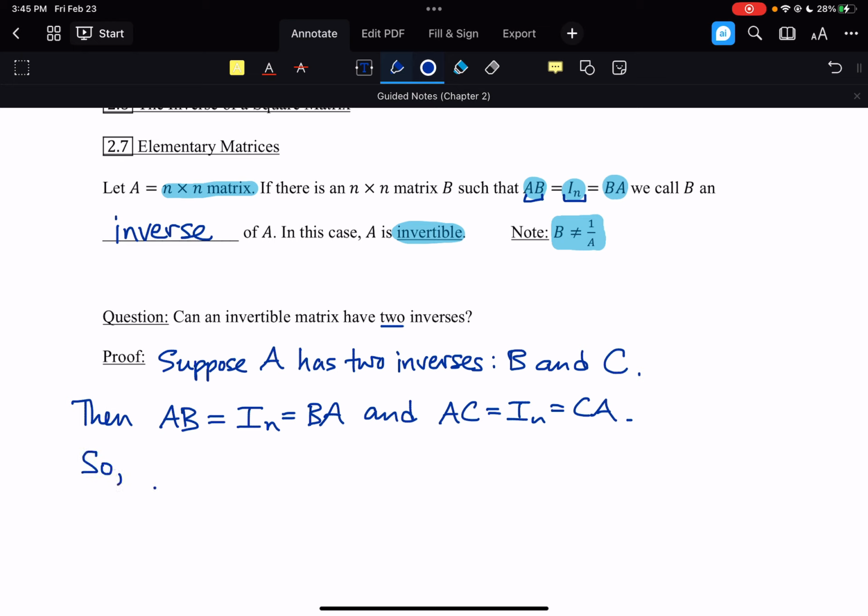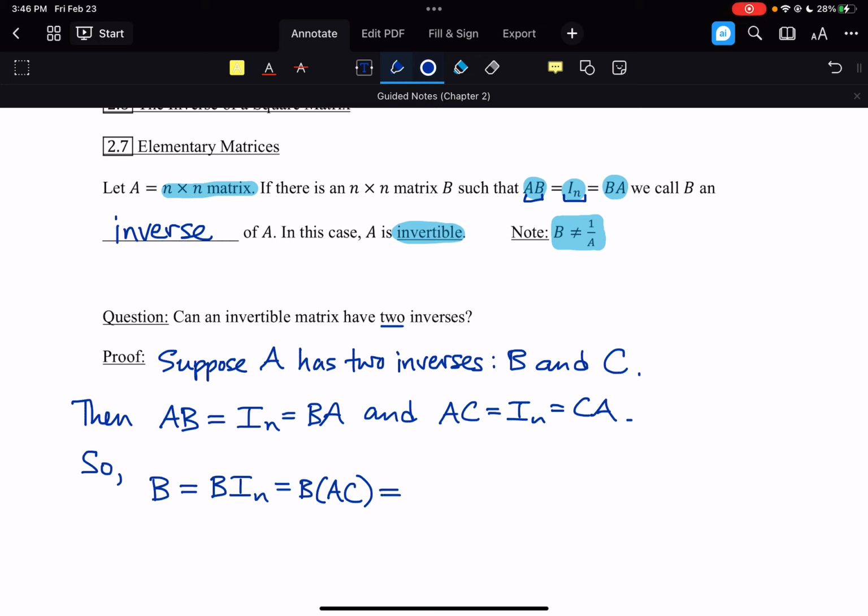So, if we start with B on the left-hand side of this equation, B is the same thing as B times the identity, right? Because anything times the identity is just itself. And now we know that the identity is equal to AC. So we can go ahead and make this B times AC.